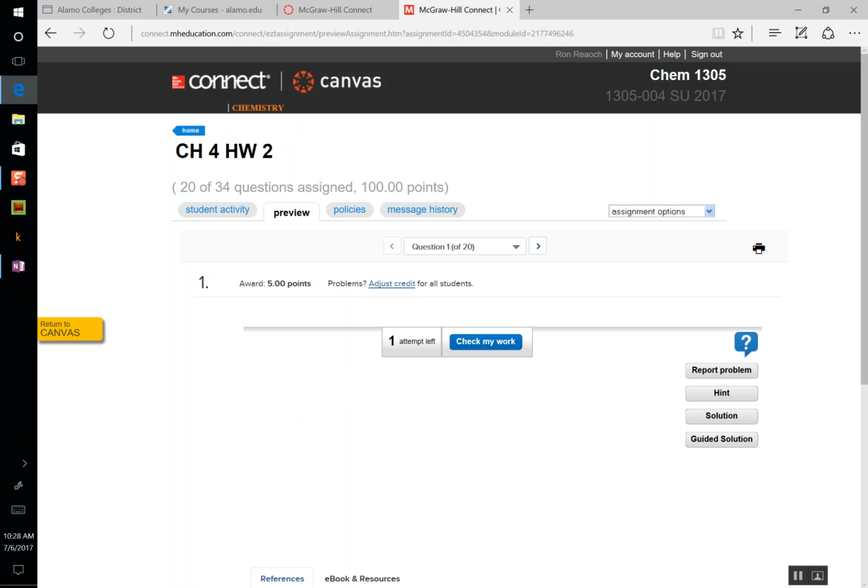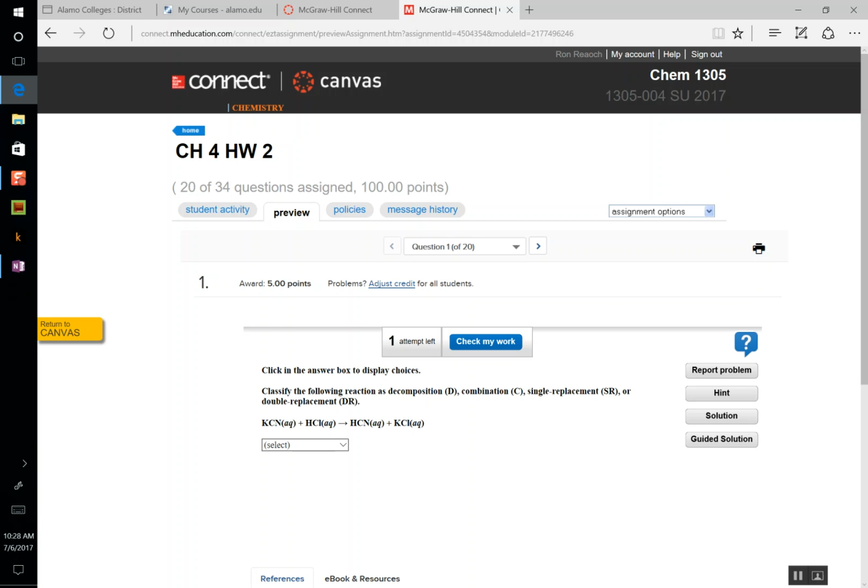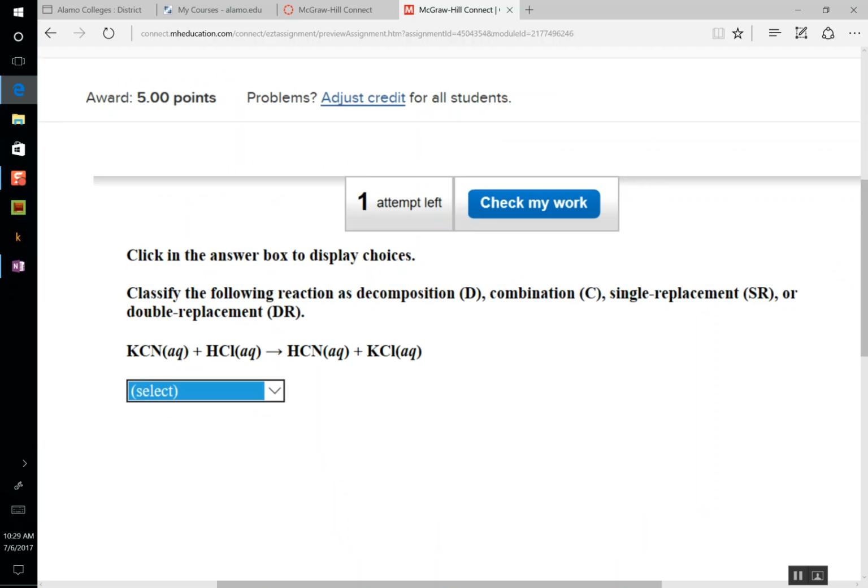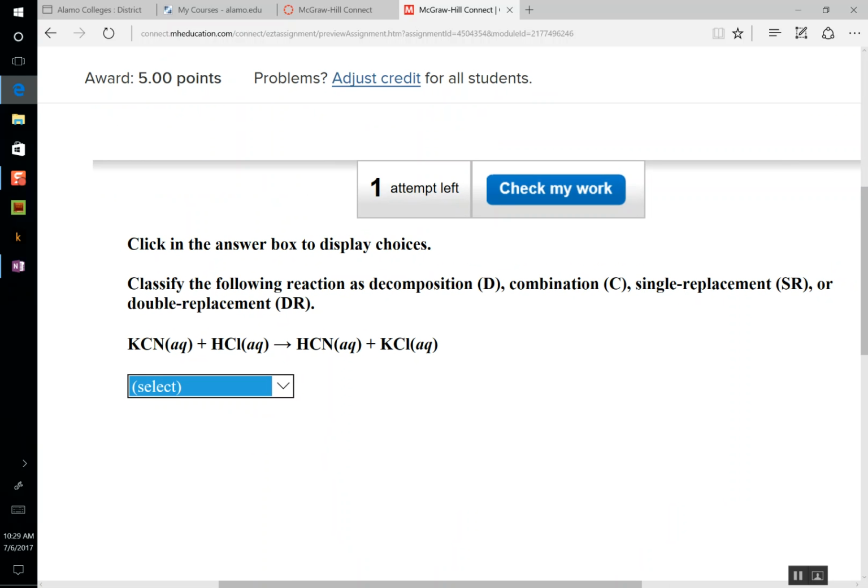Classify the following reaction. Classify the following reaction as decomposition, combination, single replacement, or double replacement. That's question number 1. Someone want to take a guess? I see an acid over here, but I don't see water on the other side. All right, so if that was an acid-base reaction, you would see water over here.